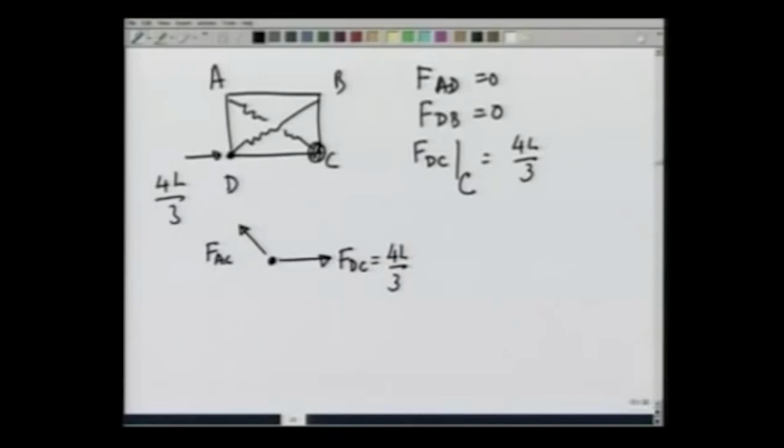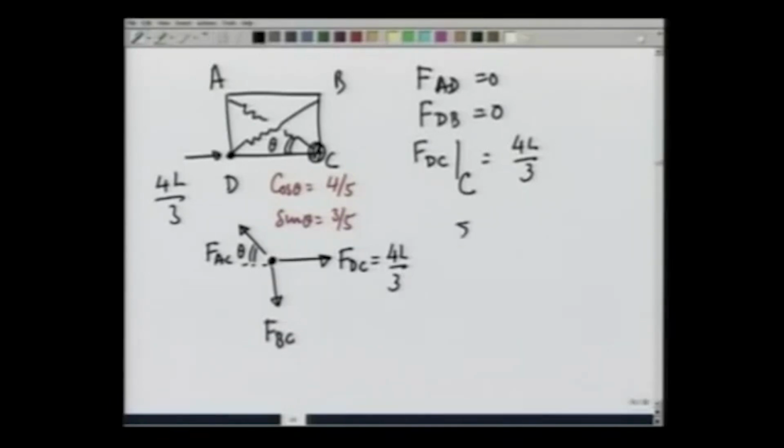That means AC rope is under tension, and remember again, AC is a rope, so it can support only tension, no compressive force. And there is going to be a force F_BC. This angle is, let us say, theta. Cosine of theta is 4/5 and sine of theta is 3/5.